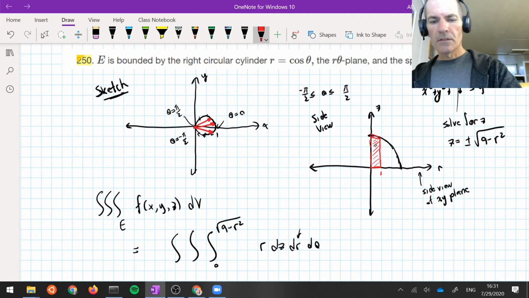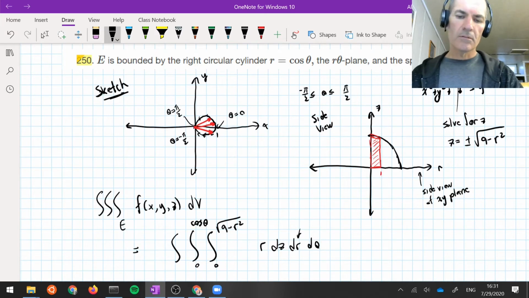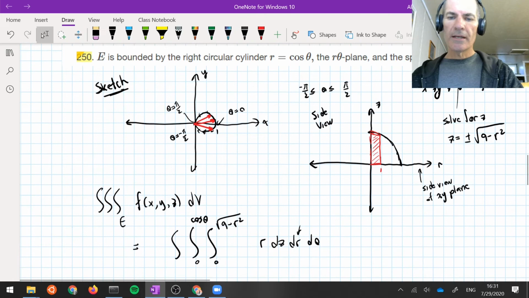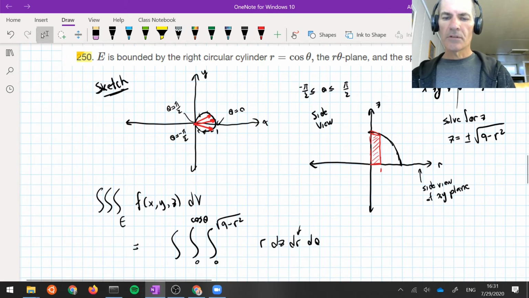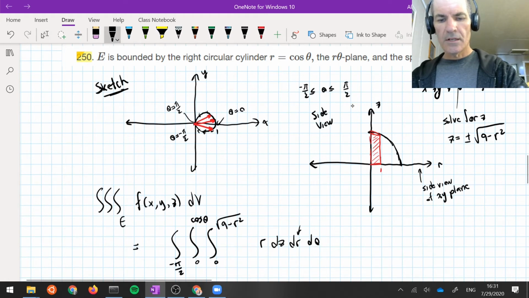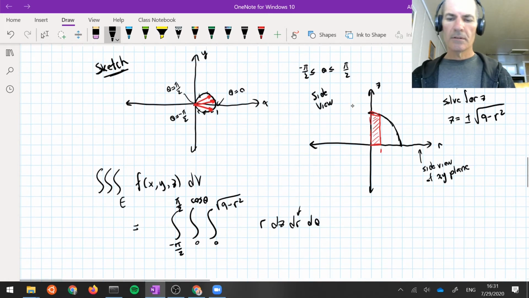So the lower limit is always going to be 0, and the upper limit is going to be this cosine of theta. That's the curve. Finally, we've accounted for the r variable and the z variable. We've got theta. Over what range of theta values are we going to trace out this circle? We've already discussed that. That's minus pi over 2 up to pi over 2.